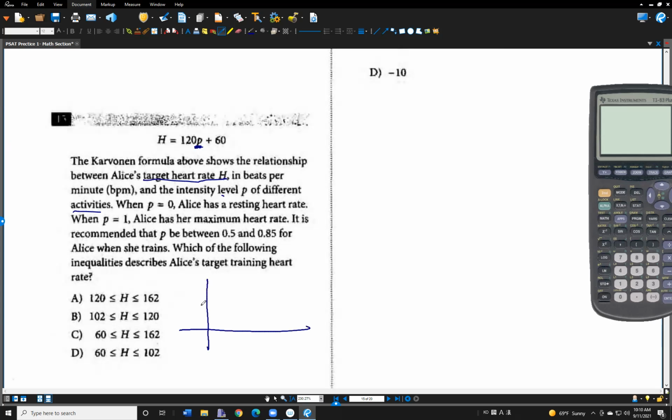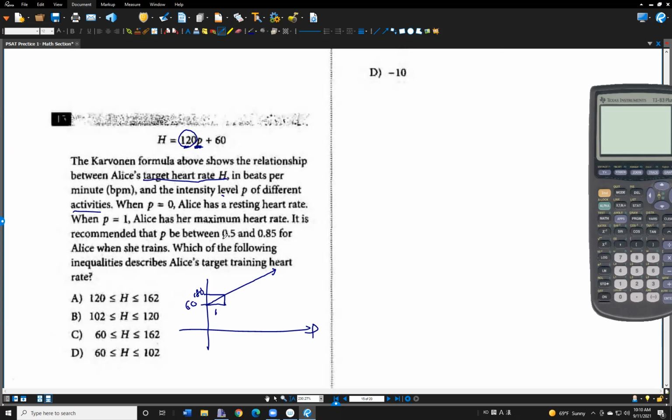When P is 0, that is 60. Every P, they increase by 120, right? If P is 1, that is 180. That is the slope, isn't it?